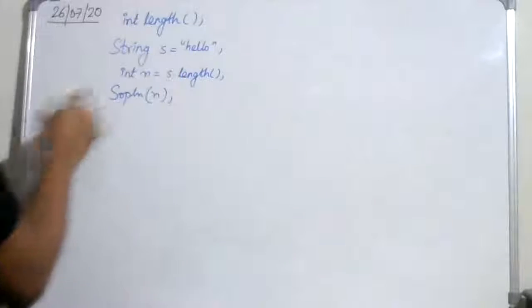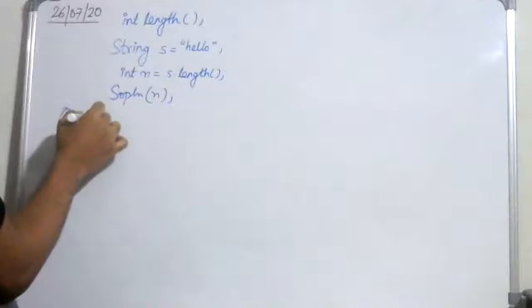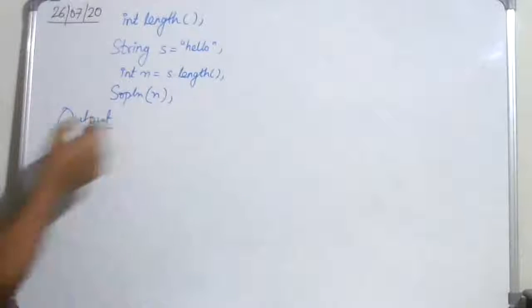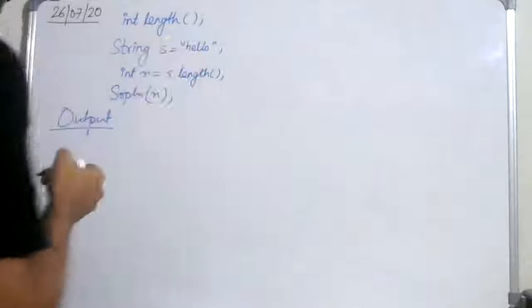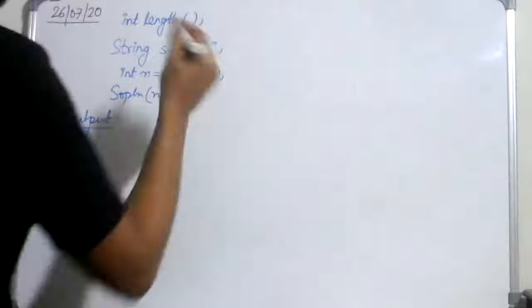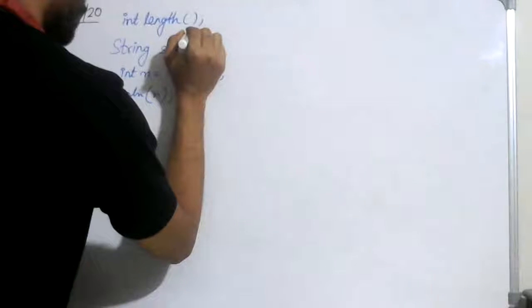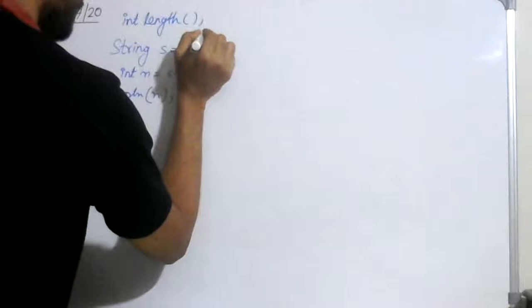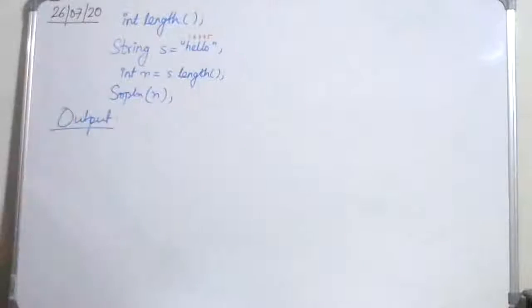If I print the value of n using SOPLN, what will I get as an output? It's pretty simple. It will count the number of characters in the string. So there are 1, 2, 3, 4, and 5 characters. So it will give me an output of 5. It just counts the number of characters in the string and returns that value as an integer.